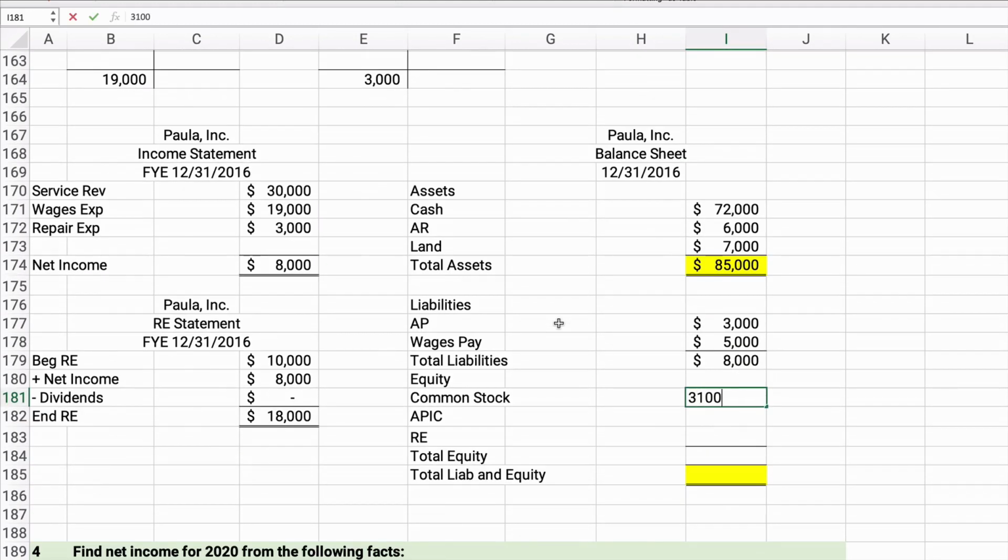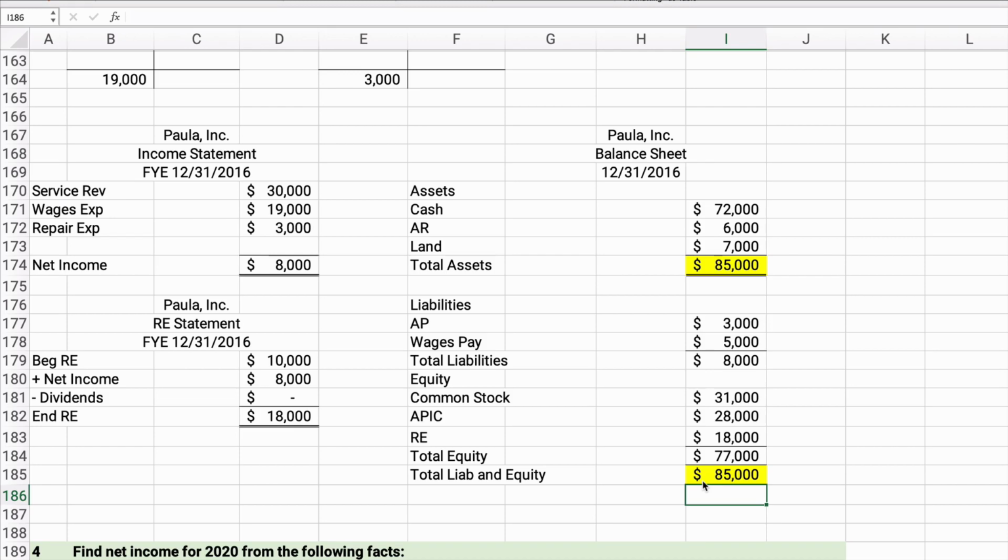Our additional paid-in capital is $28,000. Our ending retained earnings is this $18,000. Our total equity is going to be $77,000. We're going to take the total liabilities of $8,000 plus our total equity of $77,000. Our total liabilities and equity is going to be $85,000, which is what we wanted to calculate.